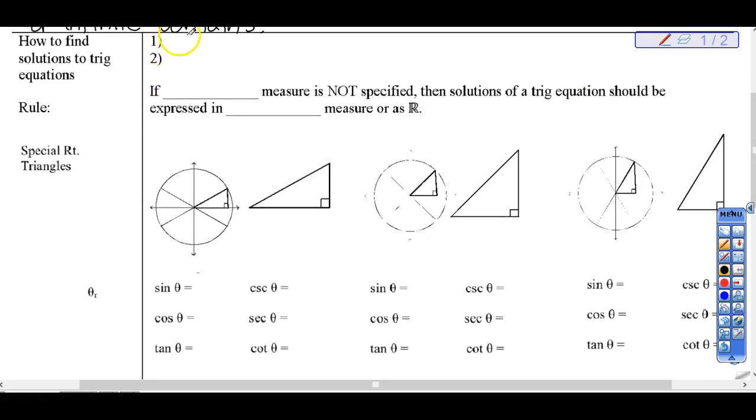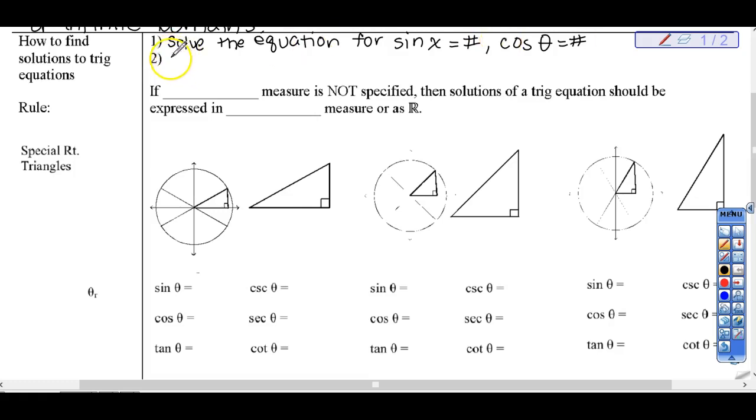First of all, you want to solve the equation for sine of x equals some number or cosine of theta equals some number. You want to get the equation manipulated so that it's in that format when it's a simple one and you don't have multiple trig expressions in the same equation, we'll get there.